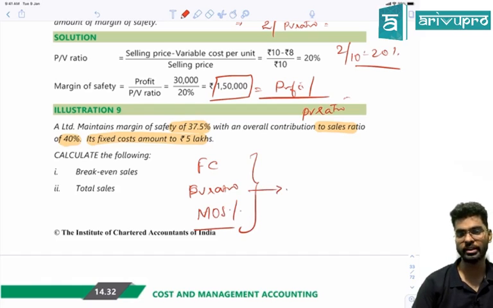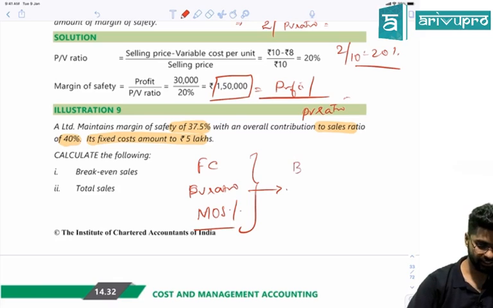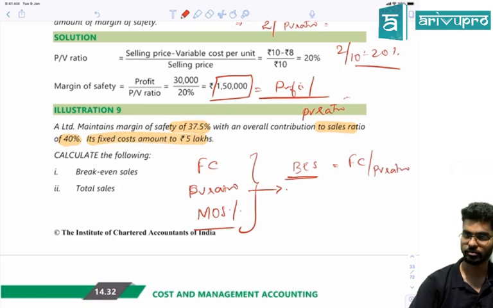Is there any formula that I can apply first? I think I can apply the break-even sales formula, that is fixed cost upon PV ratio, correct? So that will be fixed cost is 5 lakh, PV ratio is 0.4, therefore break-even sales will be how much?